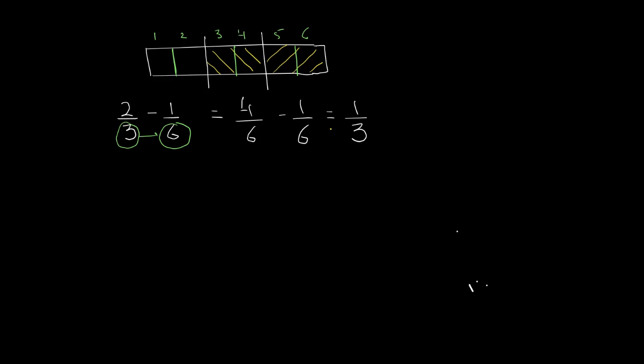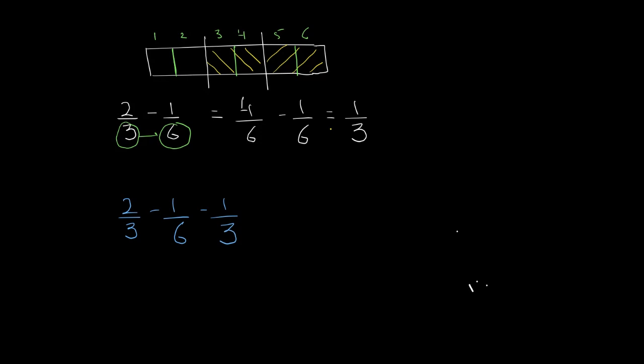And now I can do another problem. Let's say I want to do a more complex problem, let's try 2/3 minus a 6th minus a 1/3. So what's the answer over here? Well, now I'm giving away further and further chocolates. So here's the bar again.